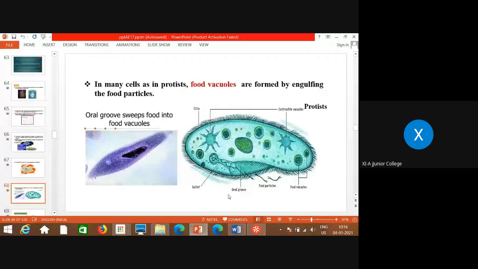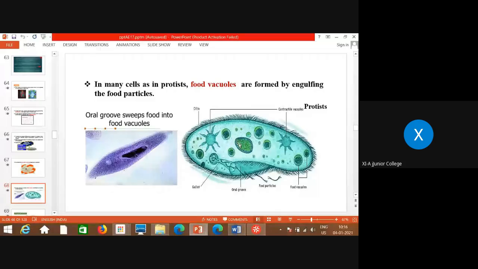Now, in many cells, as in protists, food vacuoles are formed by engulfing the food particles, just like the example of amoeba I was giving you. In case of Paramecium also, there are two types of vacuoles: one is the food vacuole and the other is the contractile vacuole.